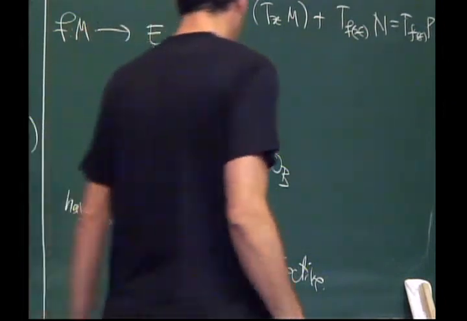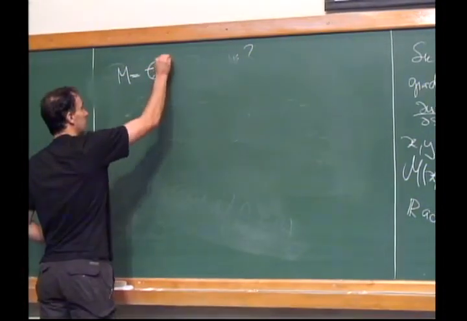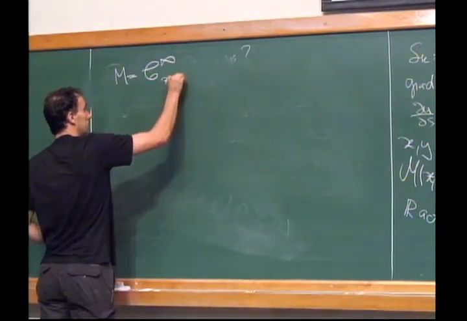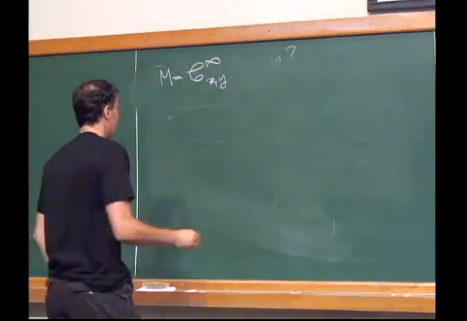Here. Now let me give you the relevant spaces. So first of all, the role of M will let me denote it by C infinity xy.